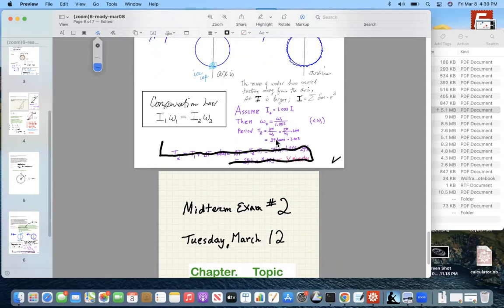It's just like the problem of the ice skater who's spinning around. When she's spinning around with her arms pulled in, she goes at a certain speed. When she pushes her arms out to the outside, her moment of inertia increases, her speed slows down, and so the period of rotation will be longer.